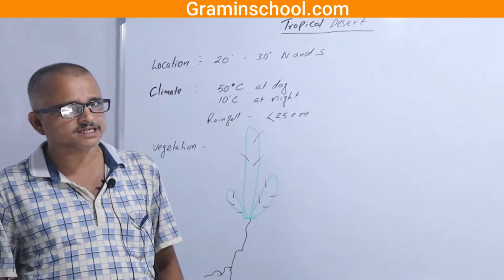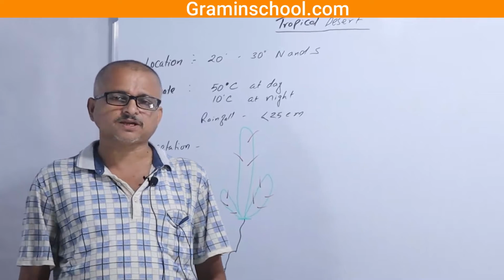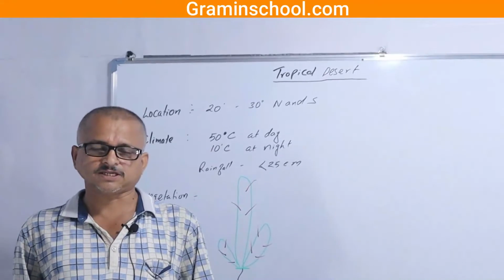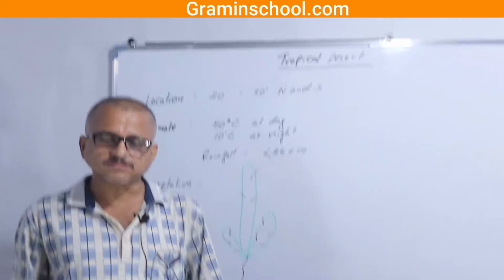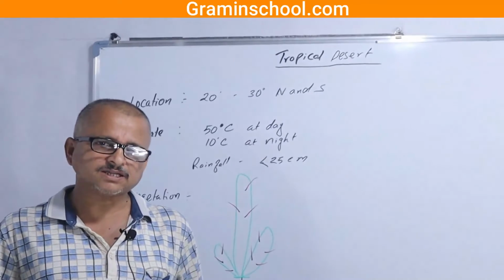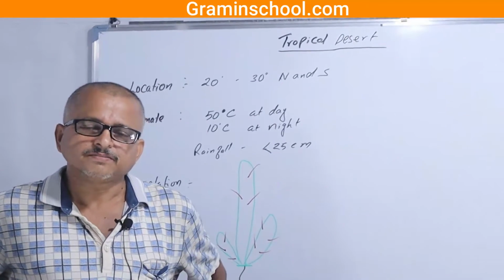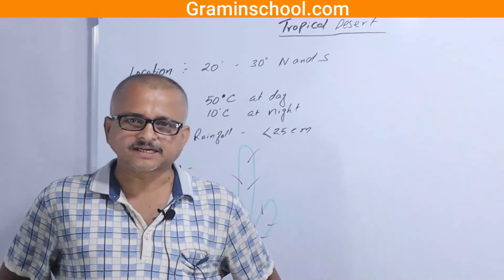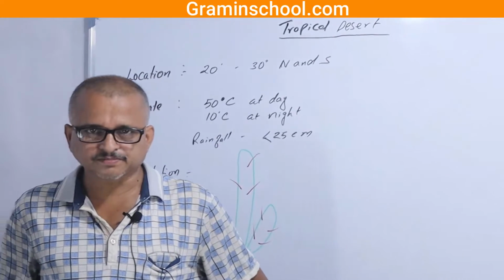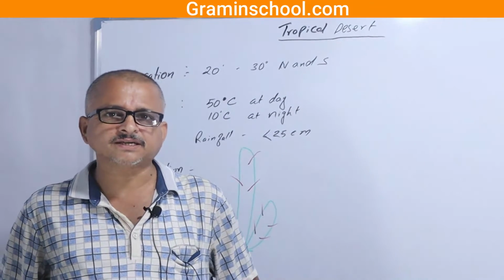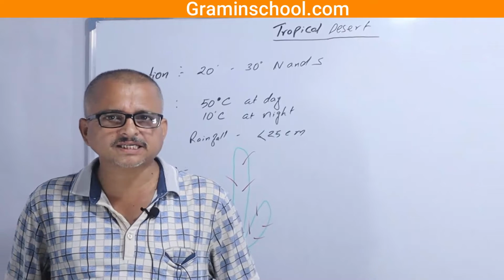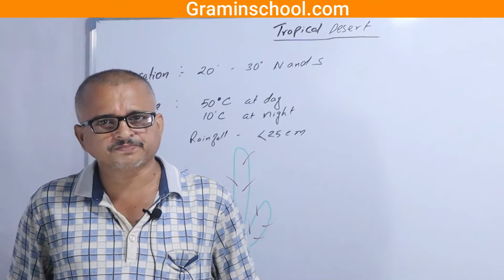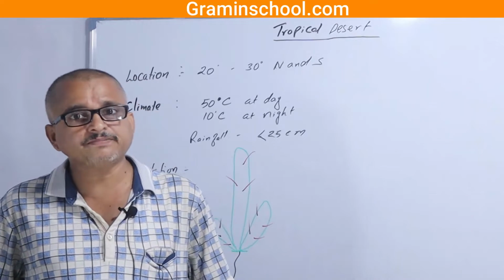So deserts are found at 20 to 30 degrees north and south of the equator. As you see, it is the middle part of the continent. The middle part of the continent has less effect of rain-bearing wind.